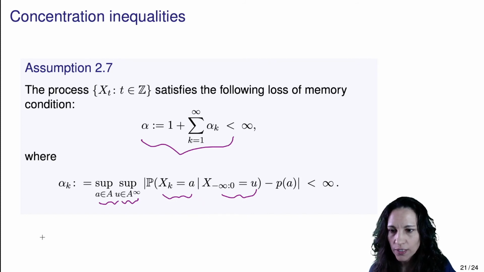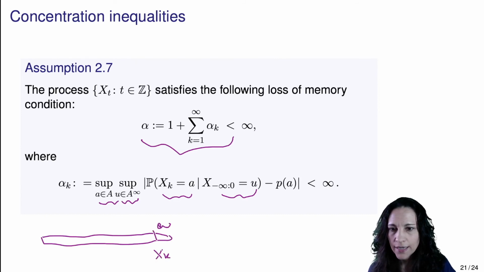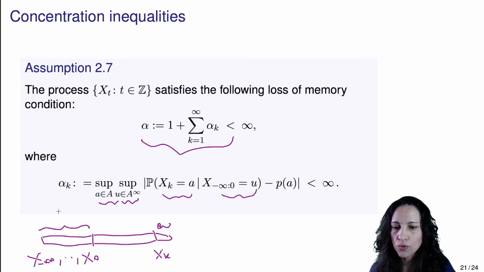So here we are saying that we have the probability of x_k being equal to a here, given that from x minus infinity, let's represent this, until x_0, we have a sequence u, okay?